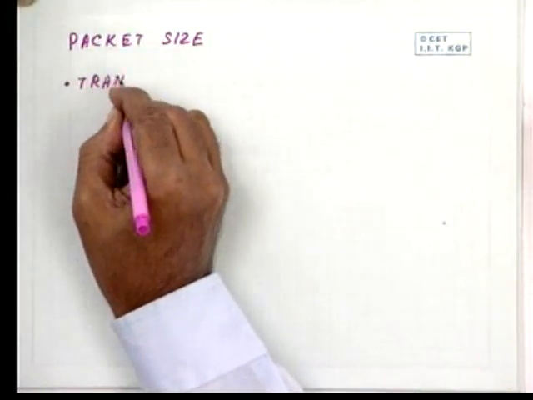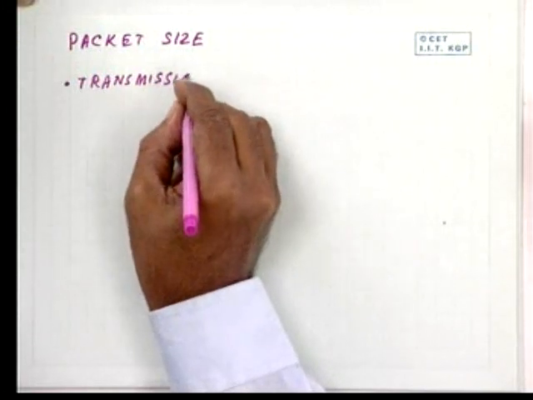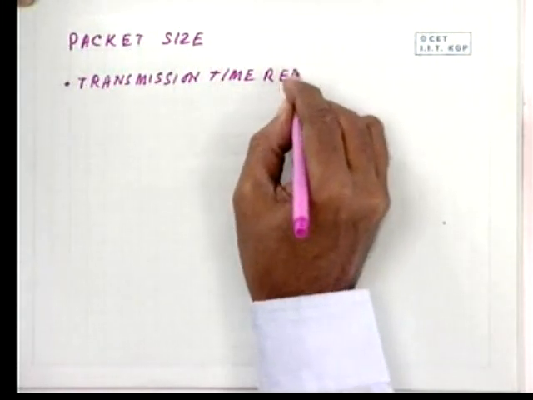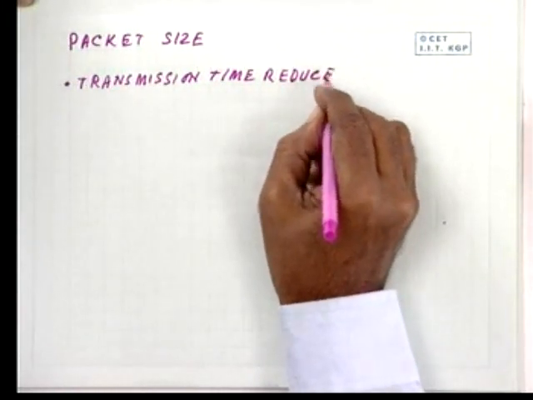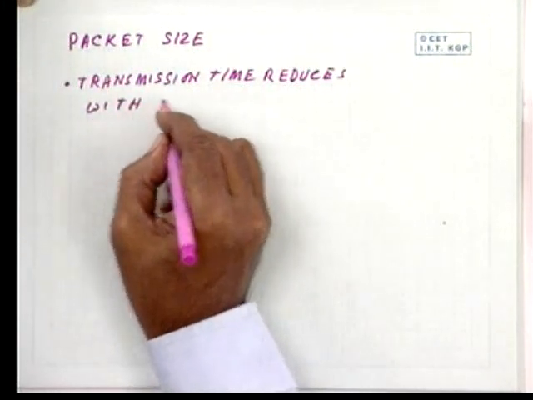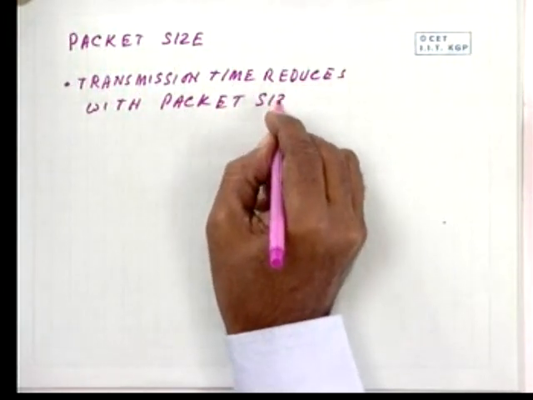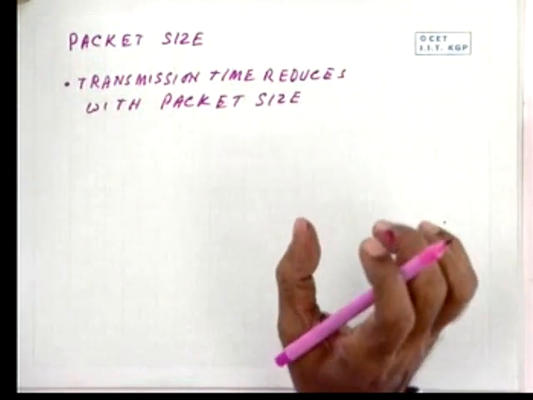It has been found that transmission time reduces with packet size. That means as you make the packet size small, you will require less time. On the other hand, if you are sending a long message, the transmission time will be more.